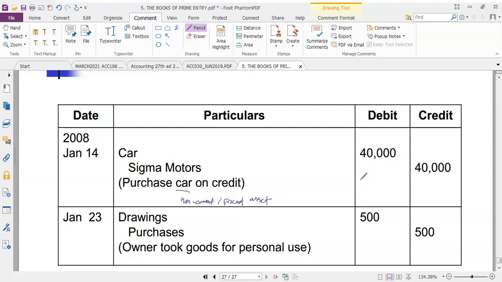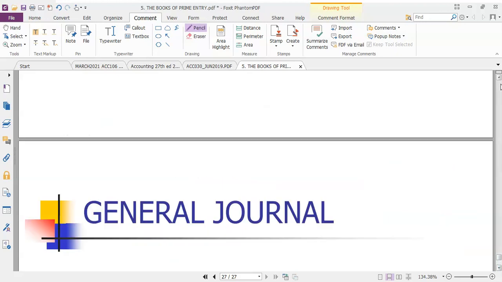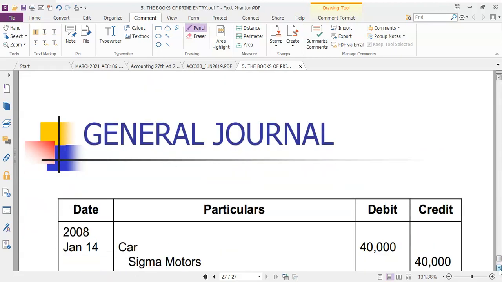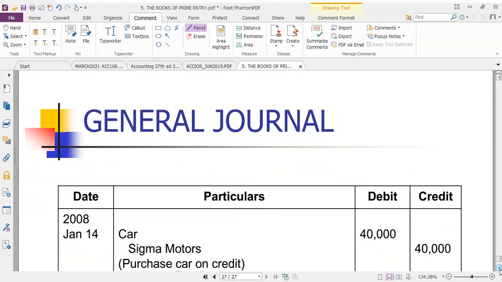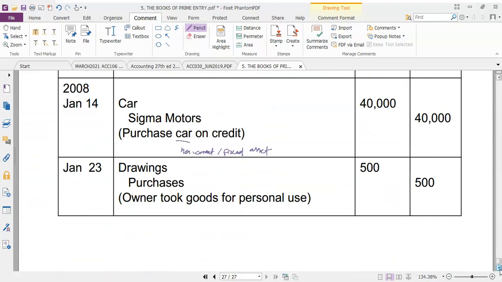And then if we have drawings, drawings we also put in the general journal. Debit drawings 500 and then credit purchases 500. If you look here, the general journal looks like our double entry. You must remember that.